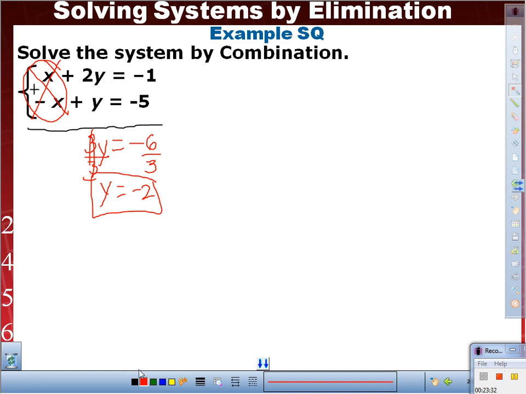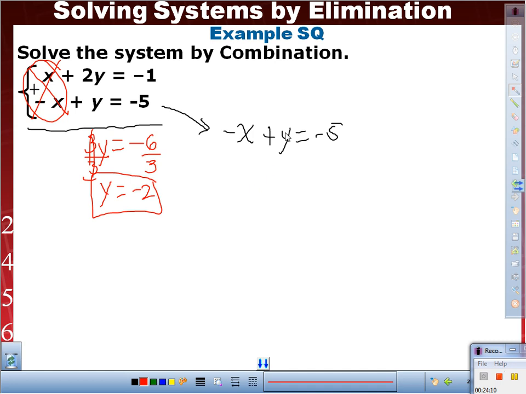Next, Alexander, which equation did you use? The bottom one? Okay. Who used the top one? Who used the bottom one? Doesn't matter. You should get the same answer. Is that correct? So I'm going to use the bottom one just to make a point. Negative x plus y equals -5.